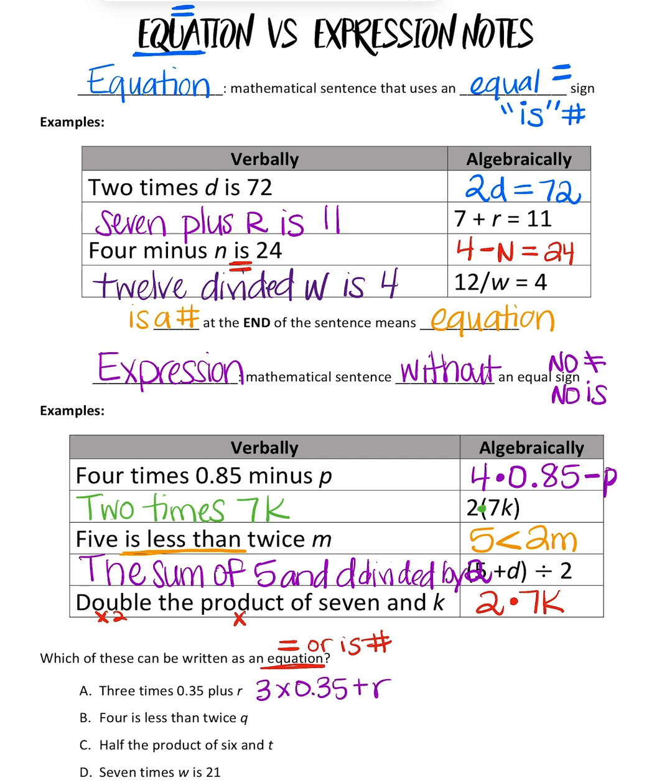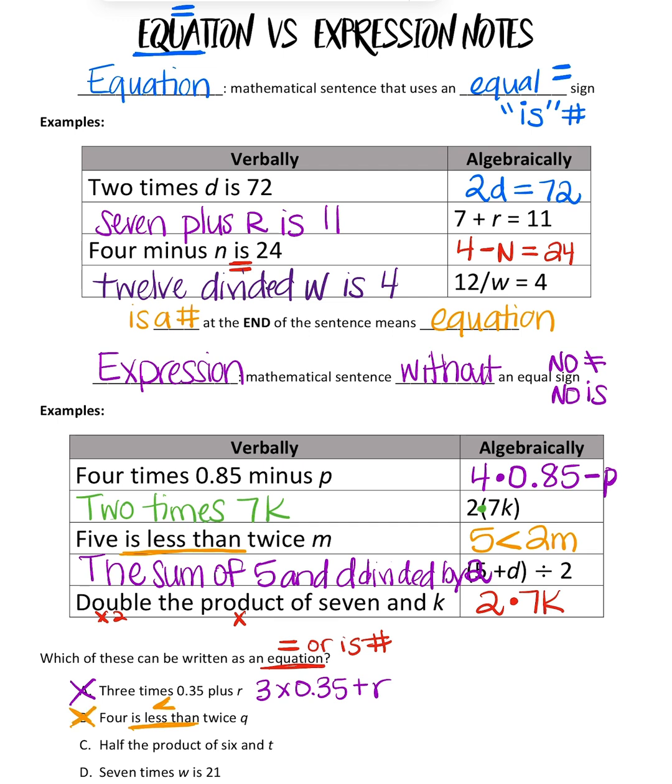And again, there's no equal sign in there, no is. So that is not an equation. My next one says 4 is less than. Remember, "is less than" is not an equation. That's going to be an inequality symbol. So I'm going to go ahead and mark that one off because that can't be correct.